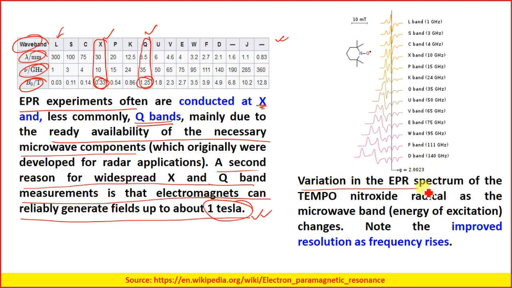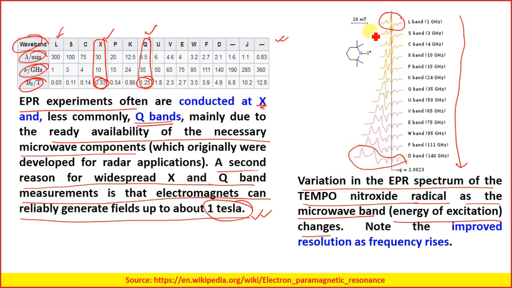Now, variation in the EPR spectrum of the TEMPO nitroxide radical as the microwave band, that means the energy of excitation, changes. As you go from low frequency to high frequency, if you look over here in the first case and compare it to the lowest one, some of the peaks which are present over here are not at all present in the L band.